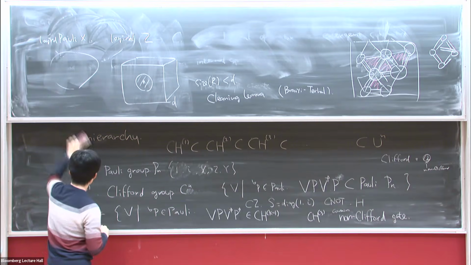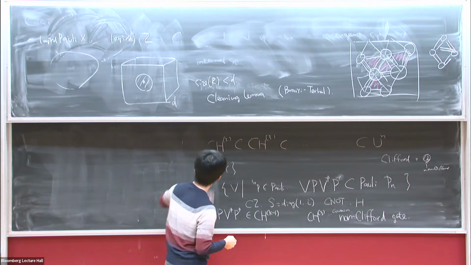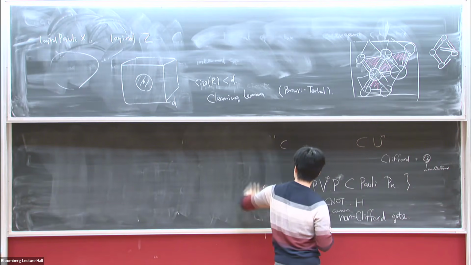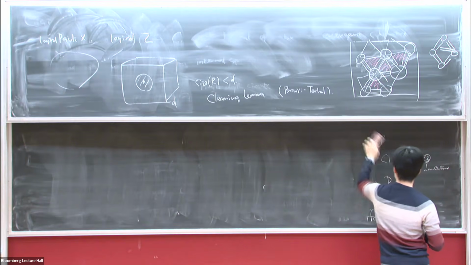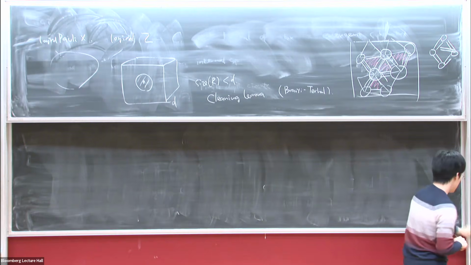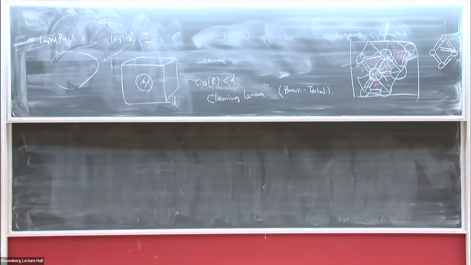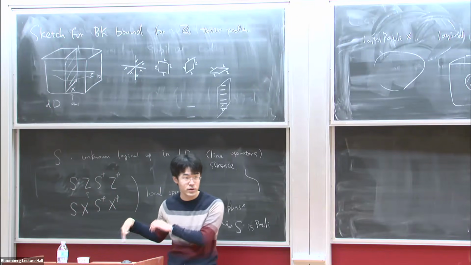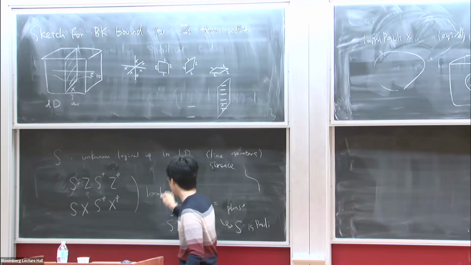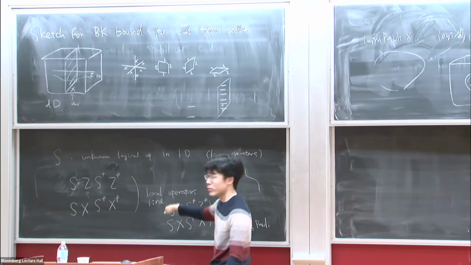But in this particular case, let me just work out the particular example of the toric code. For instance, suppose that this S is a surface operator. Then because of this dimensionality argument, the commutator between a logical Pauli operator and S can be a line operator. Then we say that the line operator has to be Pauli.